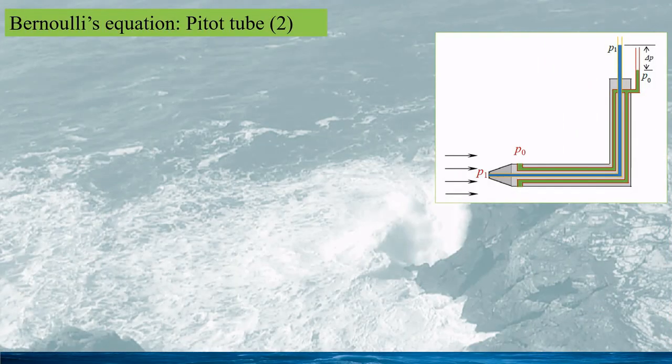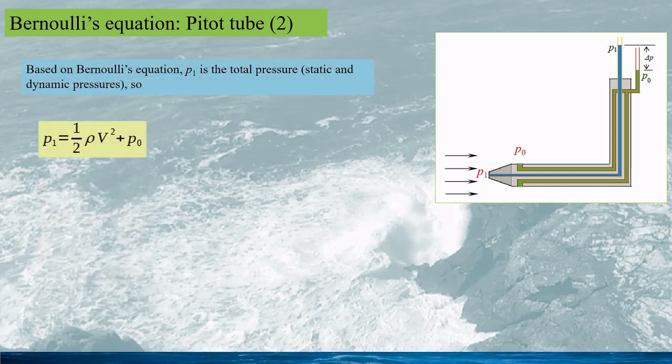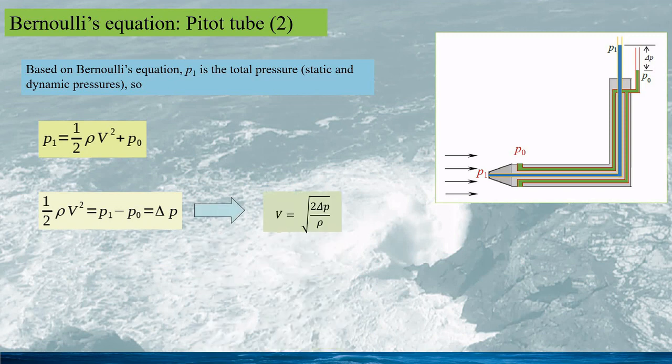When the Pitot tube is placed with its head directly pointing to the incoming flow, as seen in the figure, the measured pressure P1 is the total pressure of the static pressure P0 and the dynamic pressure. Use the pressure difference between the total pressure and the static pressure, and the fluid velocity can be easily calculated.